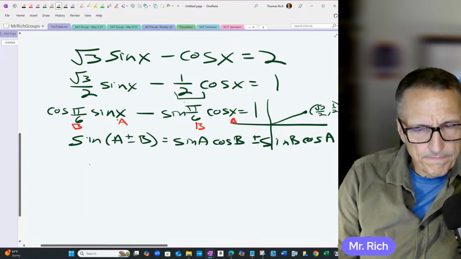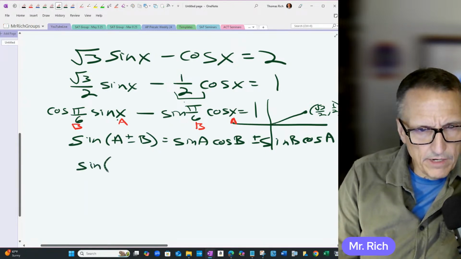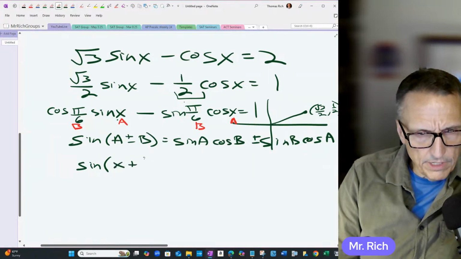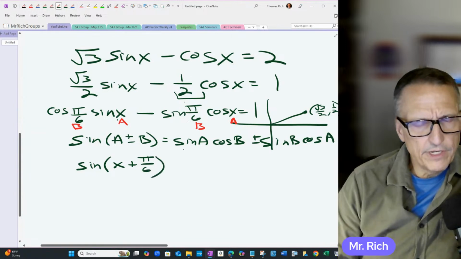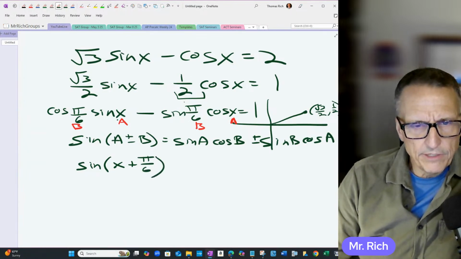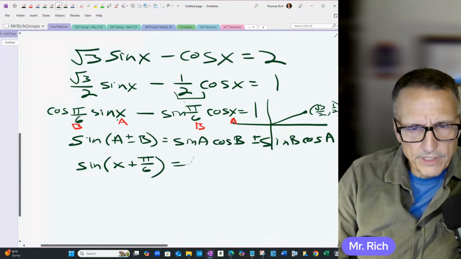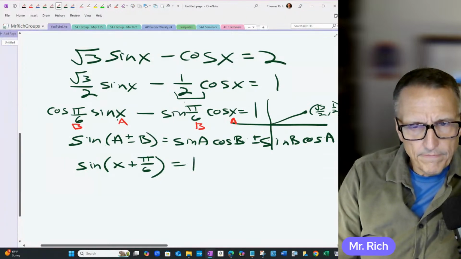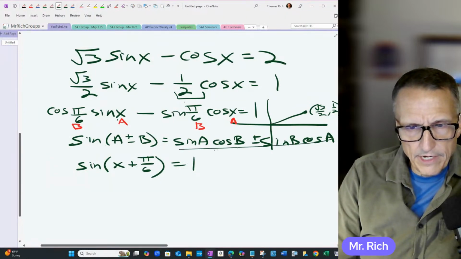This would be the sine of x plus pi over 6, and that's equal to 1. So I'm using that identity in reverse.